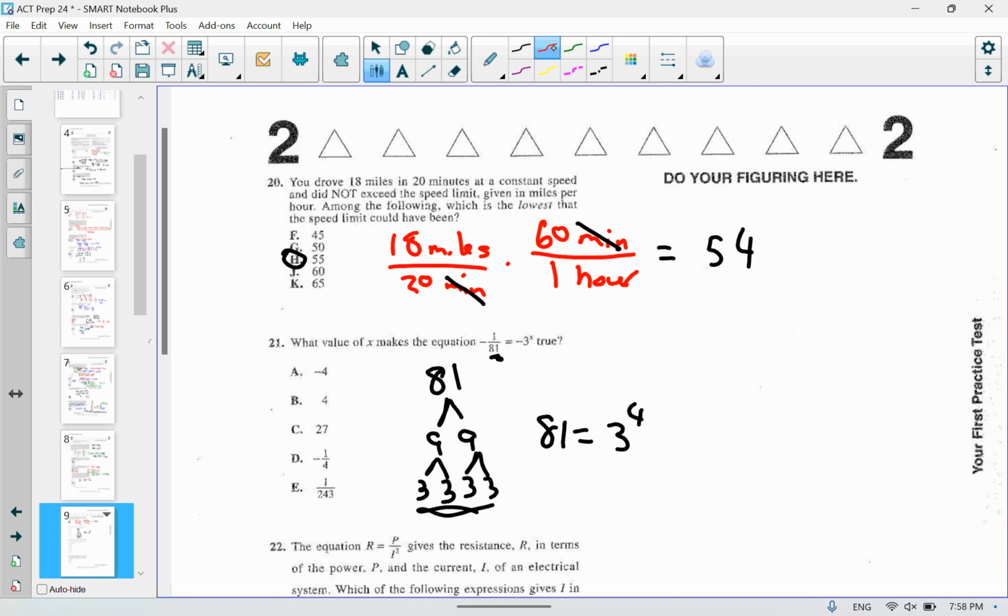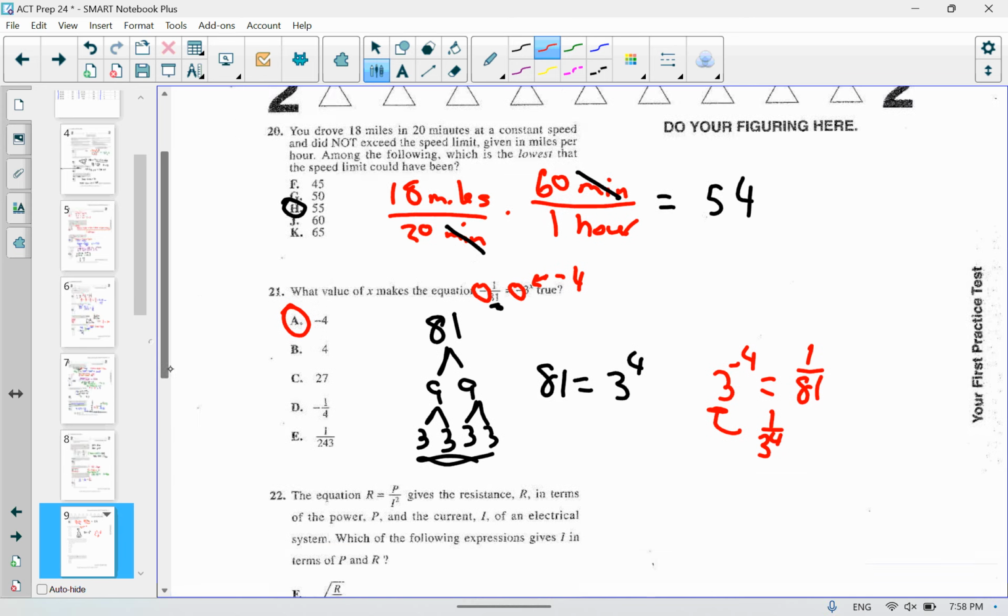However, 3 to the 4th gives me 81, which means 3 to the negative 4 gives me 1 over 81, because anytime I have a negative exponent, I can rewrite the expression in the denominator. This negative actually stays out front itself, so x in this case has to be negative 4 for letter A.